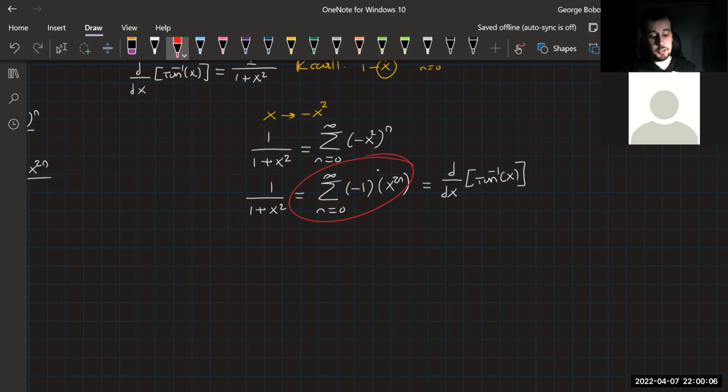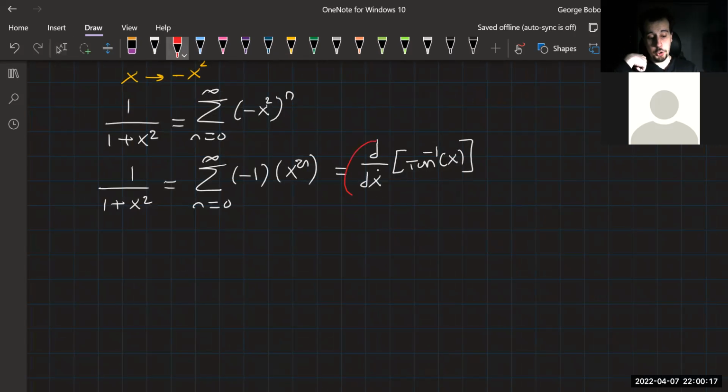If I have the power series of the derivative of the function I'm looking for, what should I do? How do you undo this, Pranav? By integrating.